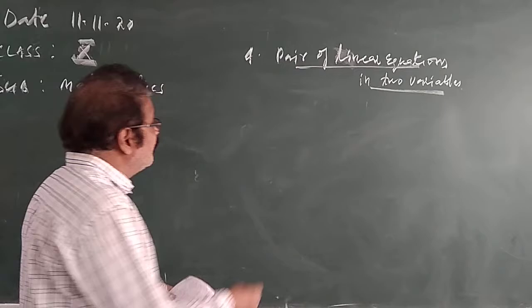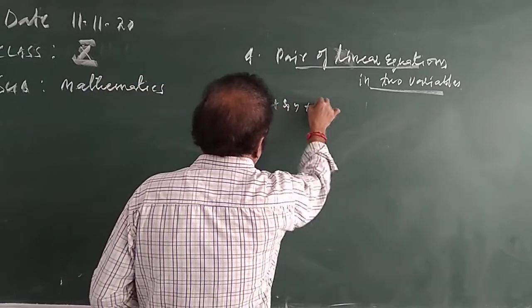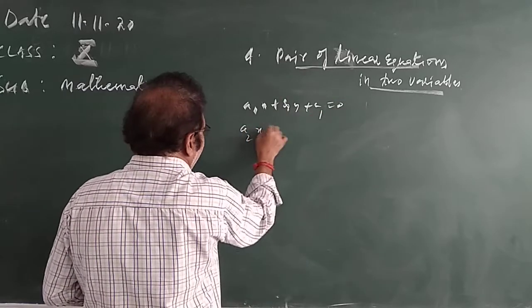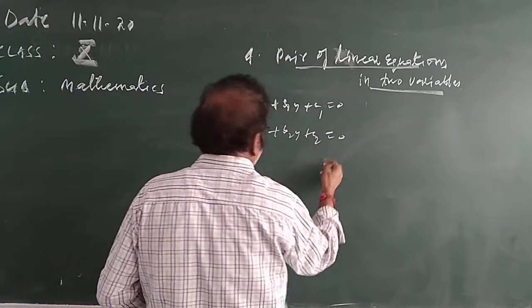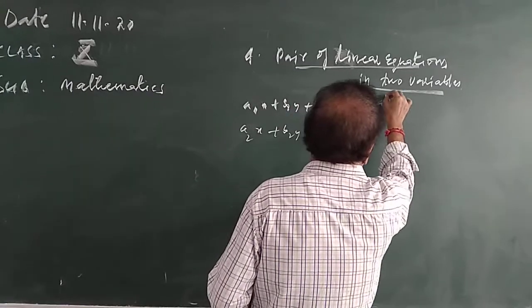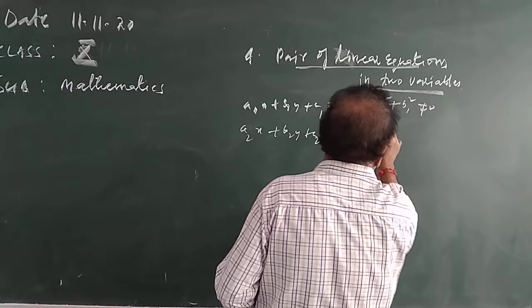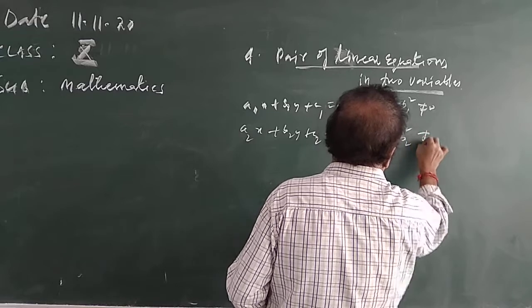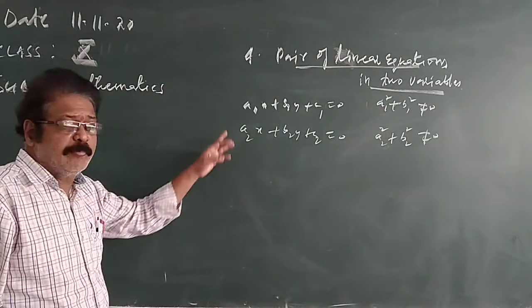So here, as I already told you, a1x plus b1y plus c1 equal to 0, and next a2x plus b2y plus c2 equal to 0. The condition is what? a1 square plus b1 square is not equal to 0, and for coefficients a2 and b2, a2 square plus b2 square is not equal to 0. So this is the pair of linear equations in two variables.